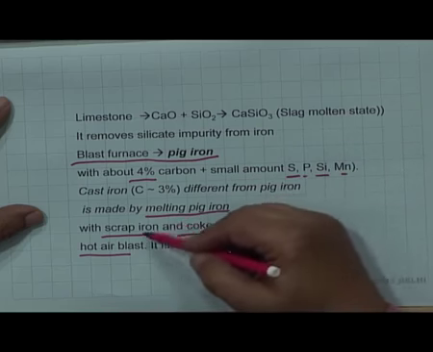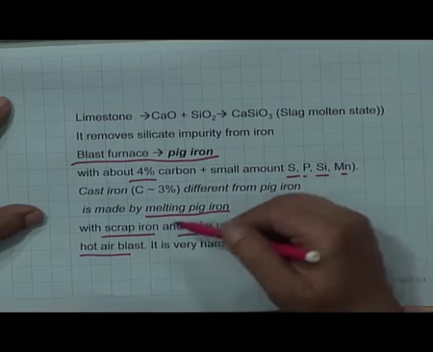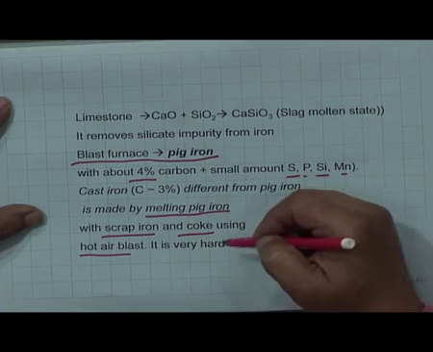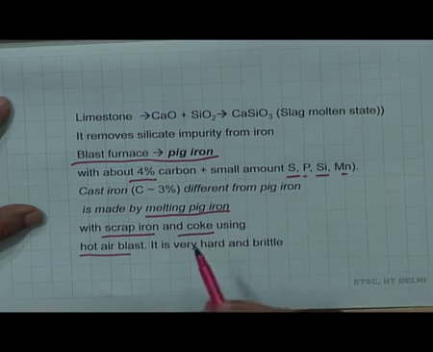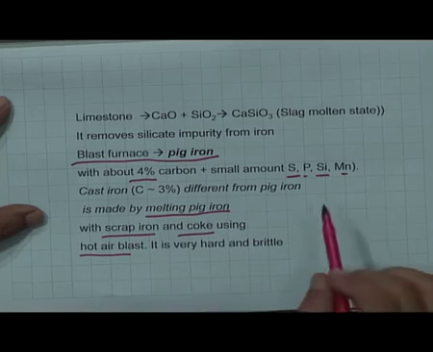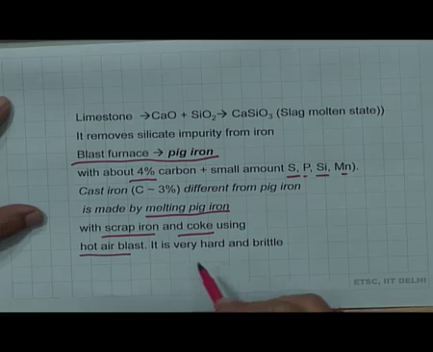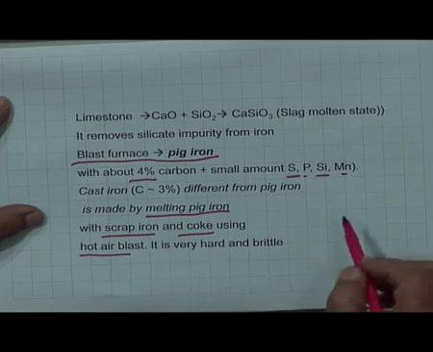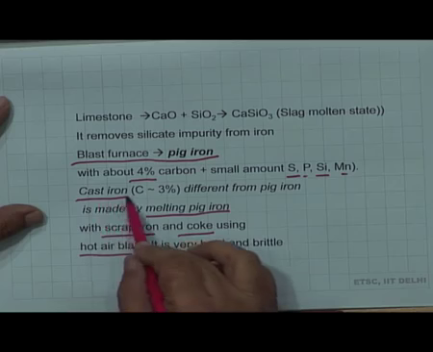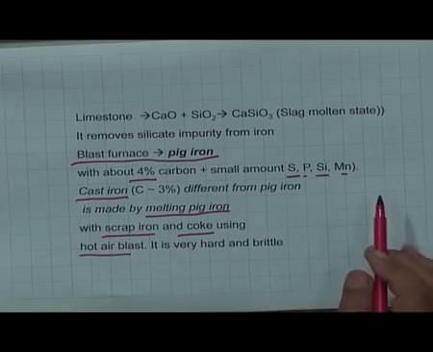So, hematite is there, scrap iron is there, or we can use coke also. So, the result is that the percentage of carbon in the pig iron is reduced, and the resulting product is called cast iron. This cast iron is very hard and brittle.